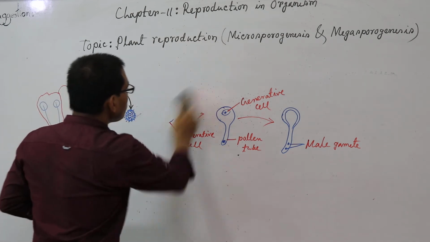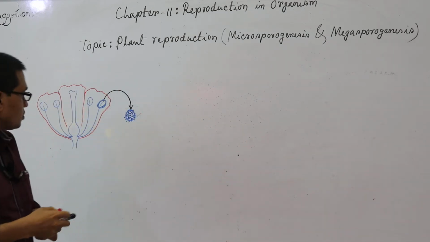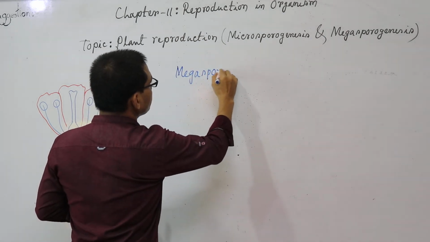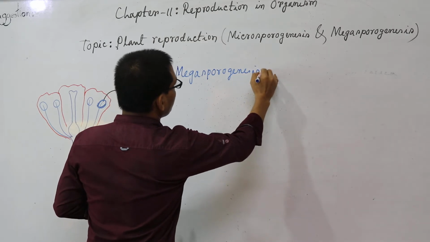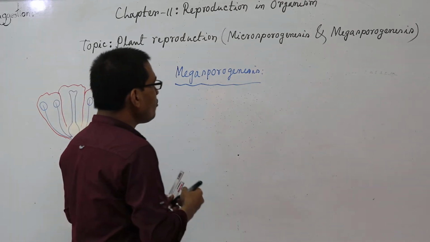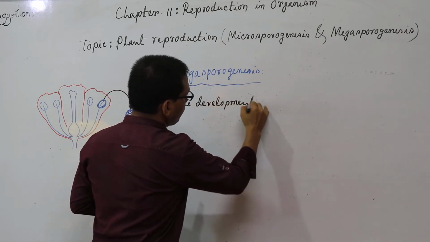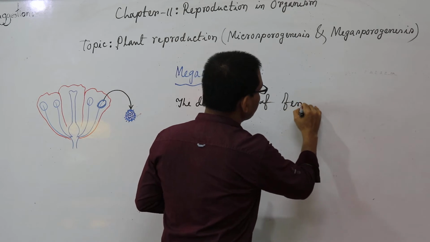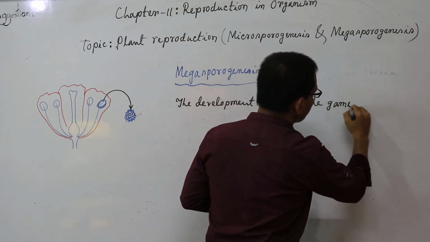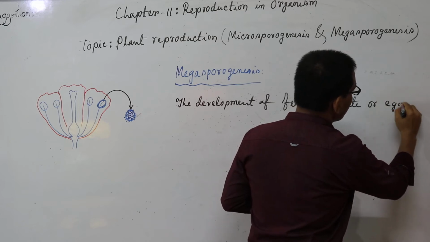Now megasporogenesis. Megasporogenesis is the development of female gamete or egg.